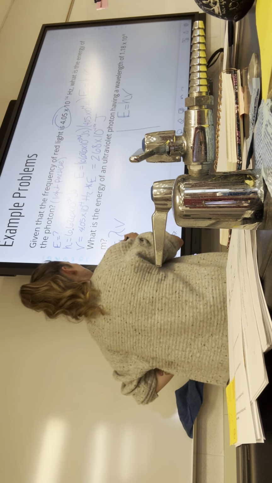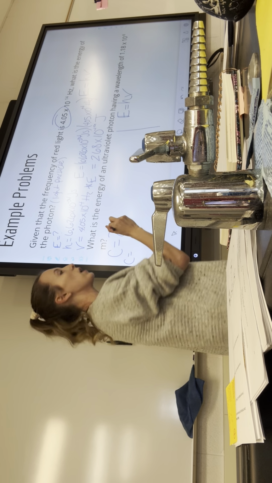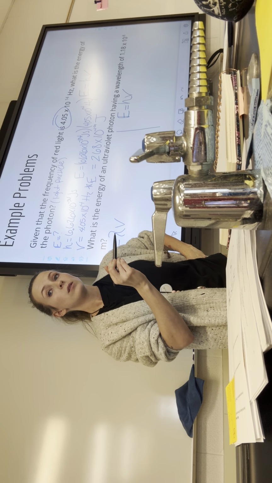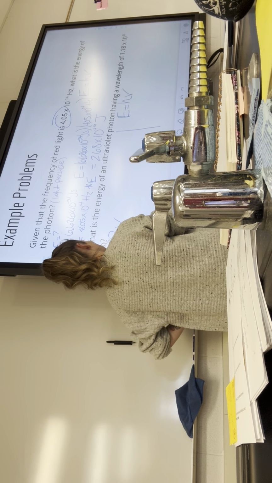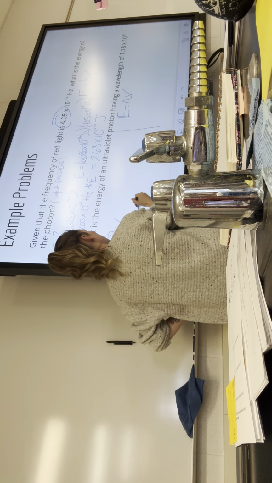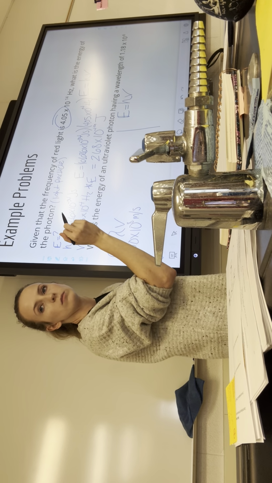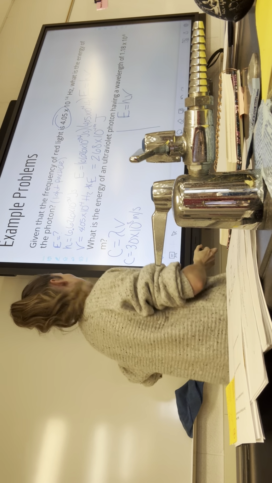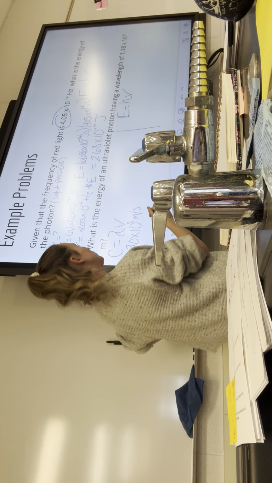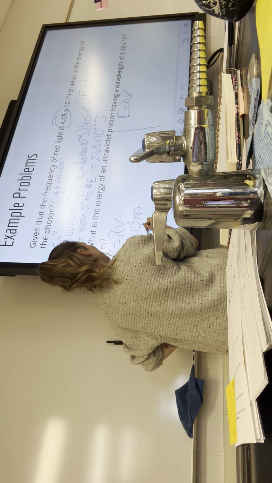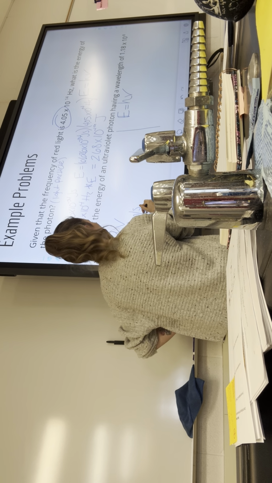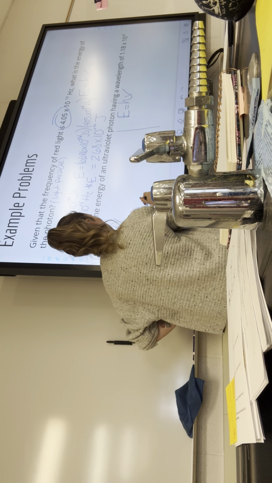So, C is equal to what, if we remember? 3.0 times 10 to the 8th meters per second. What was this, if you remember? Speed of light. Nice. We are given our wavelength in this problem, 1.18 times 10 to the negative 8 meters.